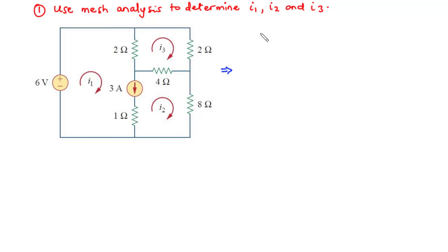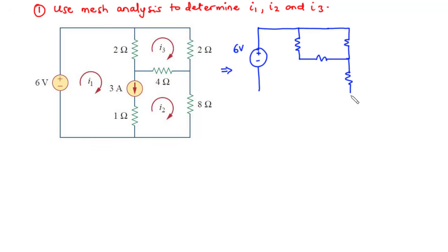So we have the 6-volt source, so we have 2 ohms, 2 ohms, 4 ohms, and then 8 ohms.